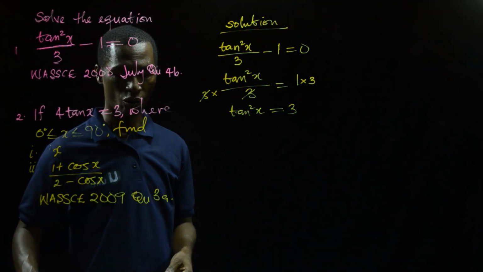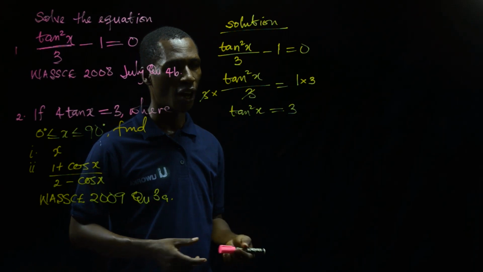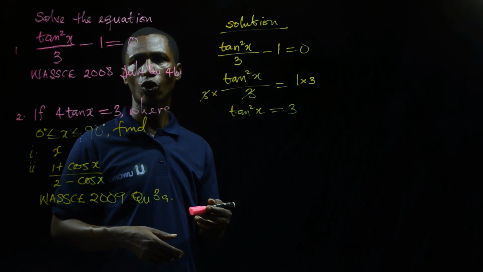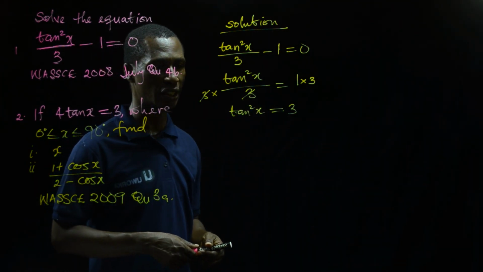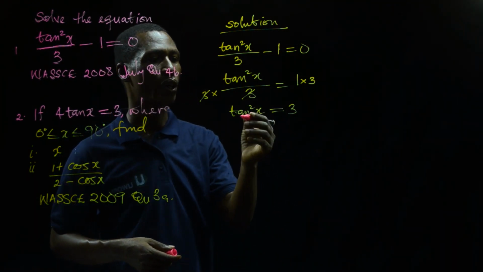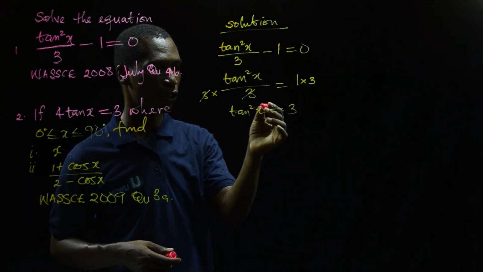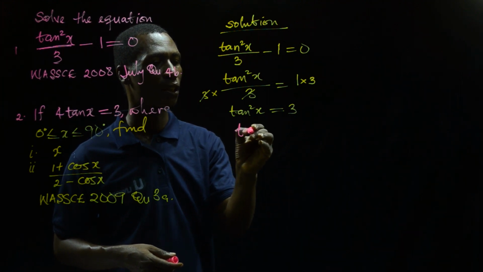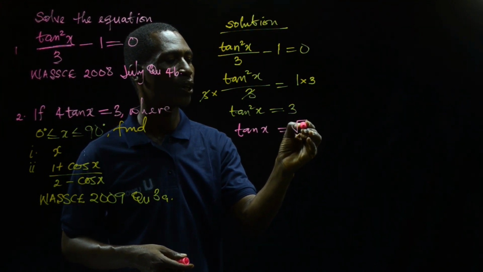So we are supposed to solve this equation, so we let the power, which is the square, cross the equal sign, and I'm going to get tan x to be equal to root 3.